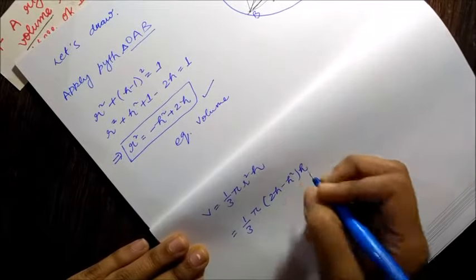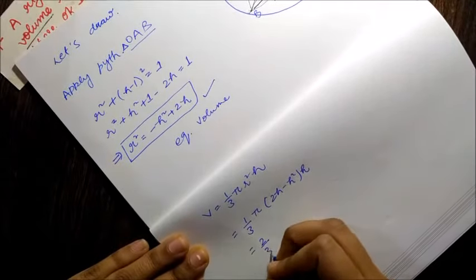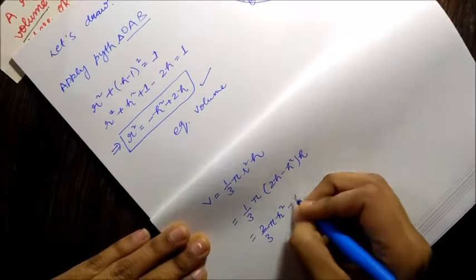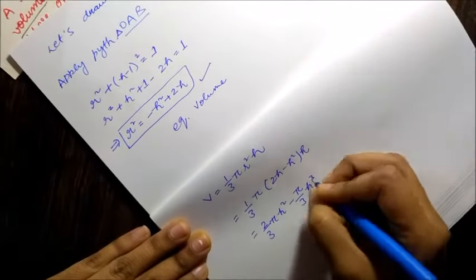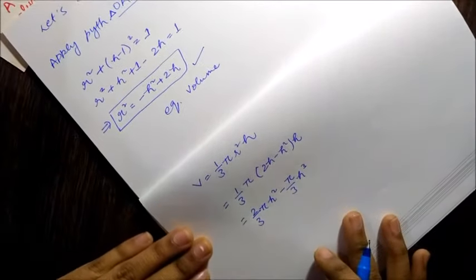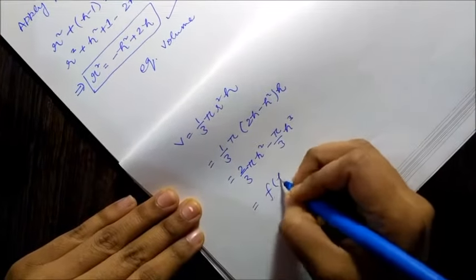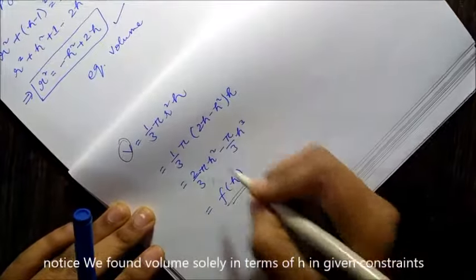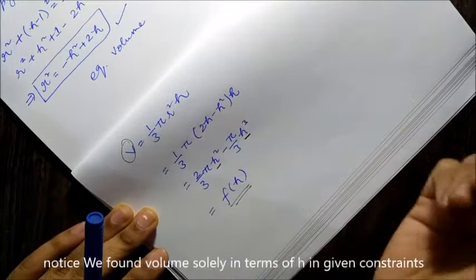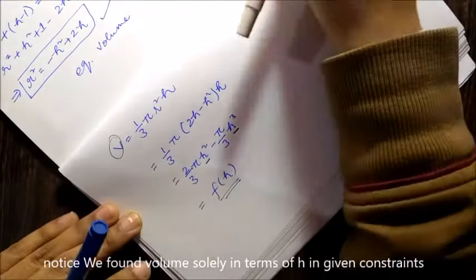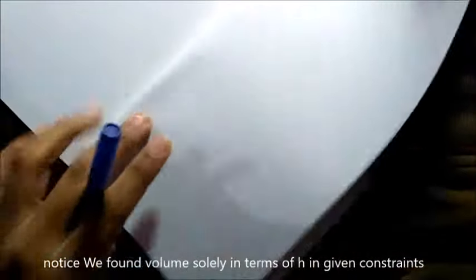So we got our equation. V is equal to f of h. Notice we found volume solely in terms of h in the given constraints.